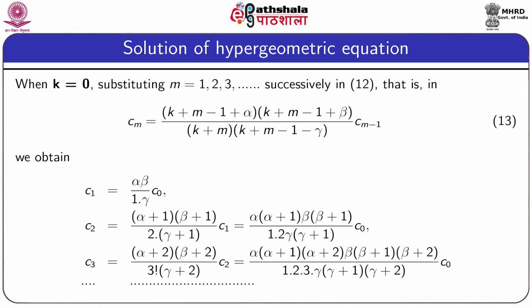In a similar manner, we can find C3 equal to alpha into alpha plus 1 into alpha plus 2 beta into beta plus 1 into beta plus 2 divided by 1 dot 2 dot 3 gamma into gamma plus 1 into gamma plus 2 C0.